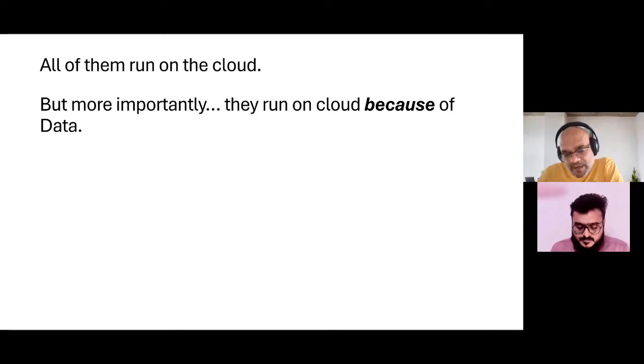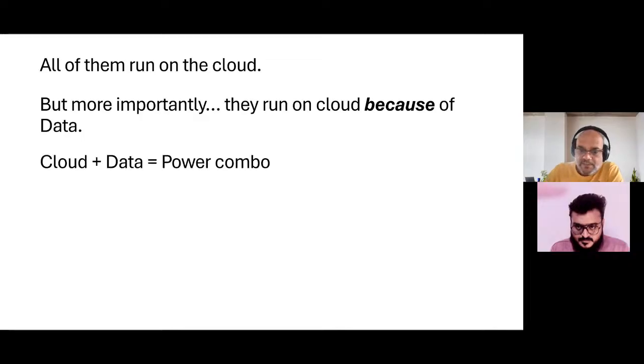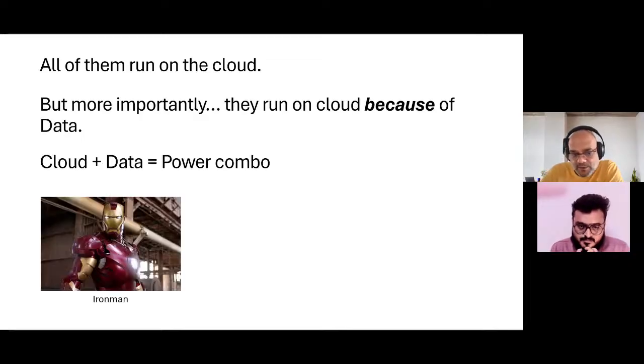Just as an analogy, to make the discussion a little more interesting, I'm sure all of you are familiar with Iron Man. If you look at Iron Man as a character, he has an iron suit, and he can fly around everywhere. But in order to be effective, in order to be aware of what's going on around him, he needs a tool.